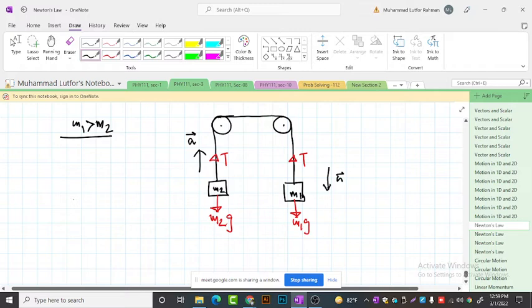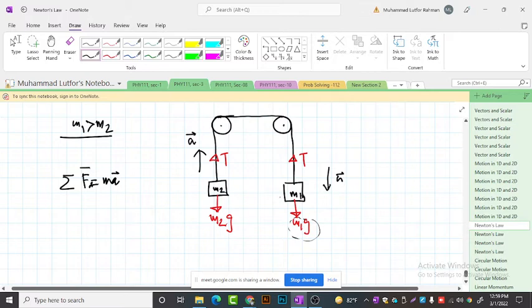Now, if M1 is moving downward, I will apply Newton's second law, F equals ma, to each mass individually. For mass 1, since M1 is moving downward, M1G must be greater than T, because the direction is the direction of the net force. If M1G is greater than T, the net force is downward.